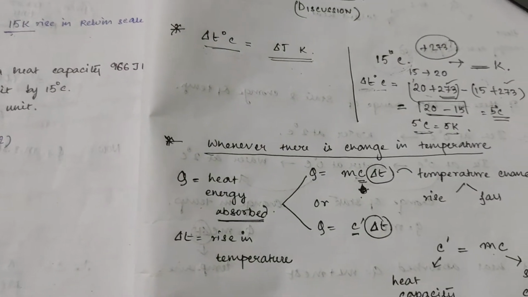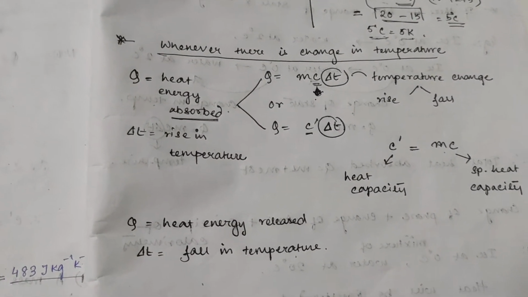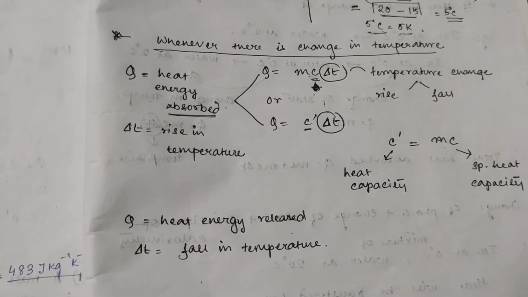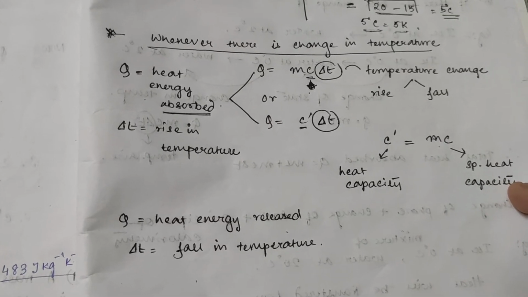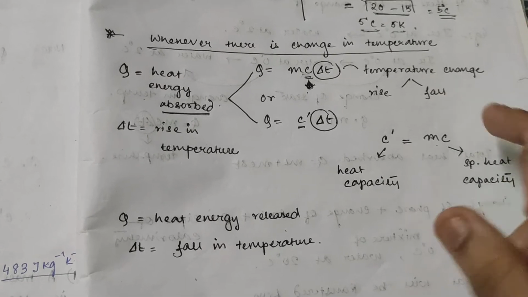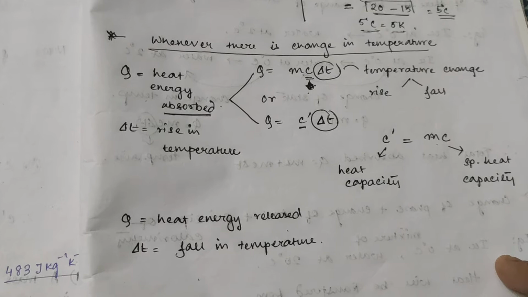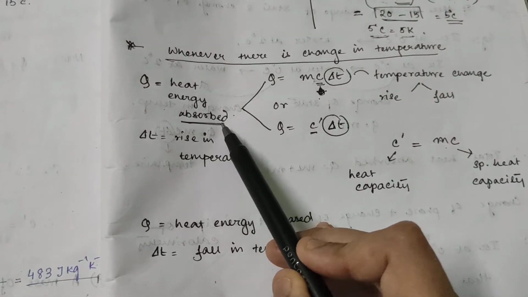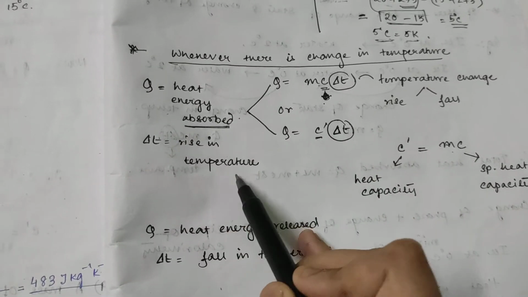Next concept is, whenever there is a change in temperature, say there are two bodies and one body is hotter than the other body, heat transfer will take place from hotter body to colder body. Whenever there is a change in temperature, say a body is at 50 degrees Celsius, it absorbs heat energy, then its temperature will rise.